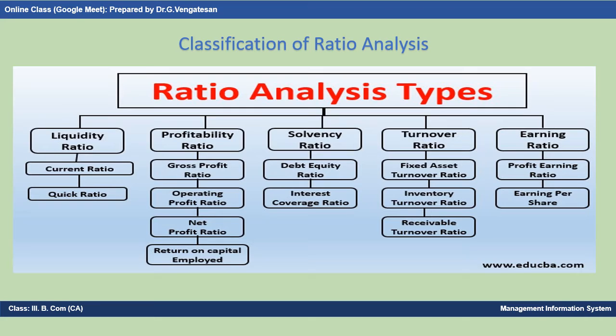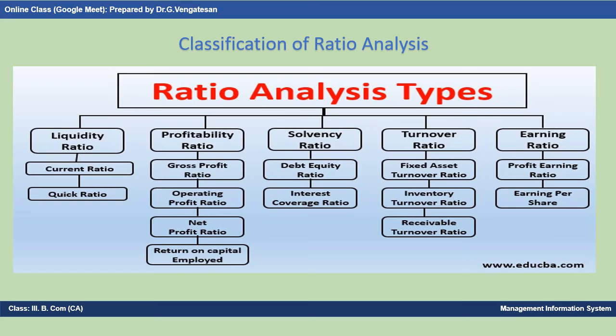Under the head liquidity ratio, we have current ratio and quick ratio. Under the head of profitability ratio, we have gross profit ratio, operating profit ratio, net profit ratio, return on capital employed. Under the head solvency ratio, we have debt equity ratio, interest coverage ratio.